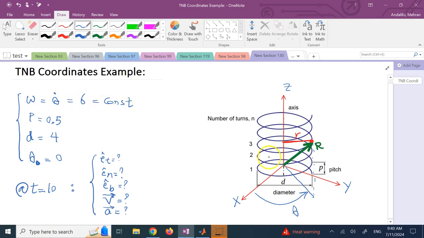So at the constant rotational speed, it is going to go up the helix. And assuming that initially it started at theta of 0, so initially it was here and now it's going up.